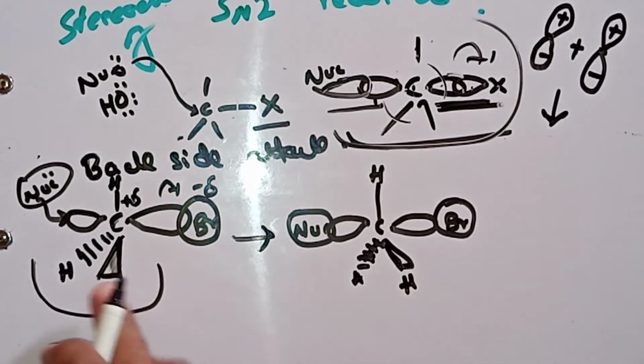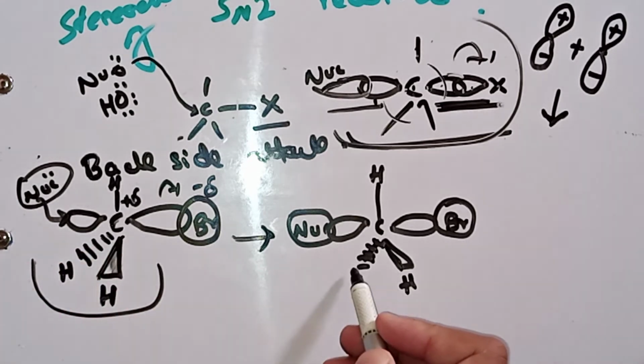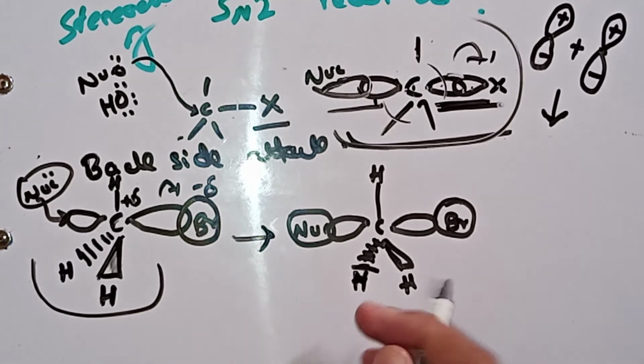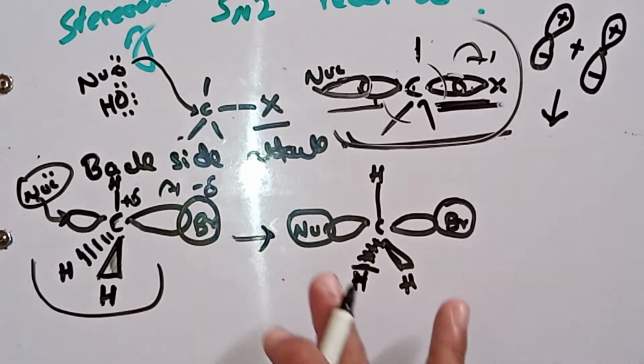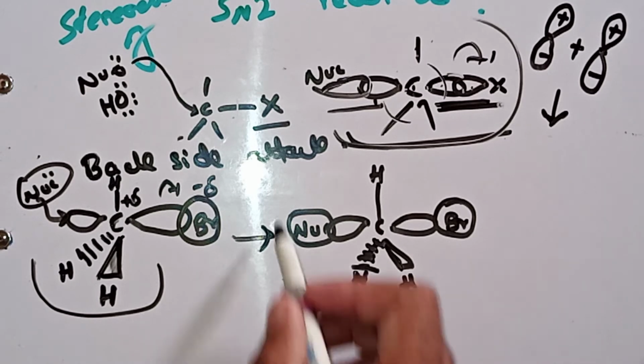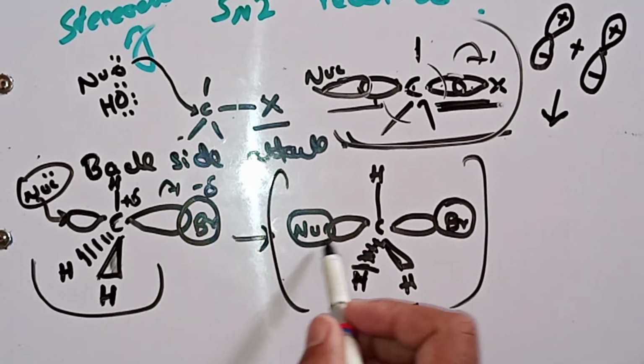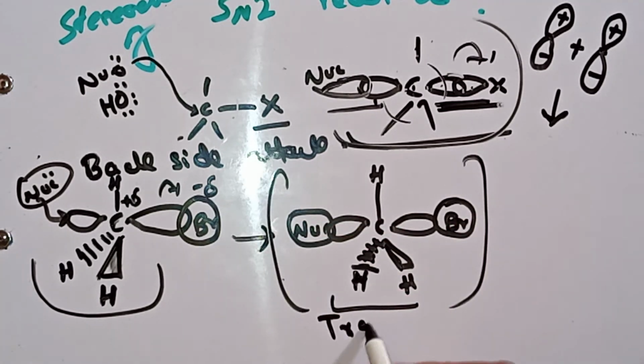First of all, these two hydrogens are partially on the left side, but here they become in between the nucleophile and the bromide ion. So this is the transition state.